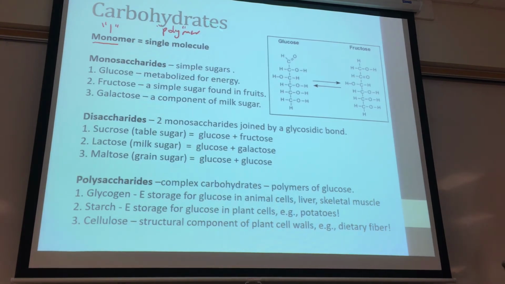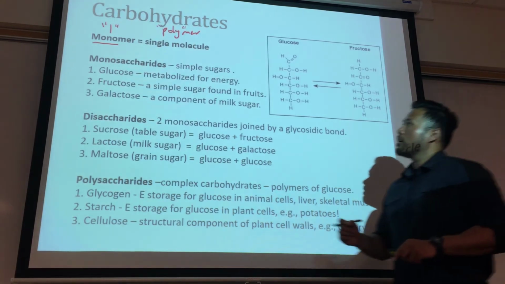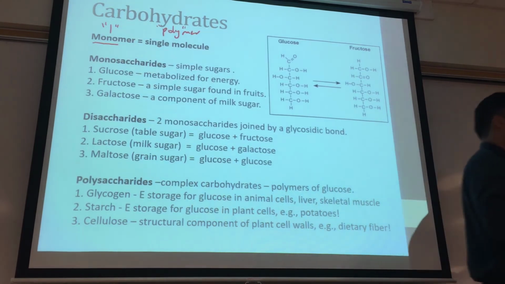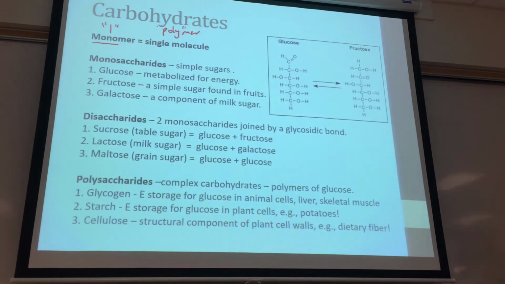And when we look at carbohydrates, we have polymers that we'll be talking about. But first we have to start off with our monomer for carbohydrates. And these are what are referred to as simple sugars. Simple sugars because it contains one saccharide. And the suffix here, saccharide, which you've probably heard in the term saccharin, which is sweet, means one sugar, hence the term simple sugars.